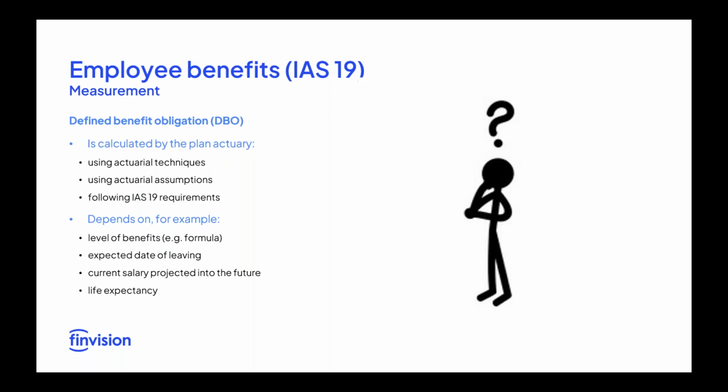You will also estimate when a person may be leaving, what the probability of leaving is. You will make assumptions about salary projections. So what will the salary be at the time of retirement?